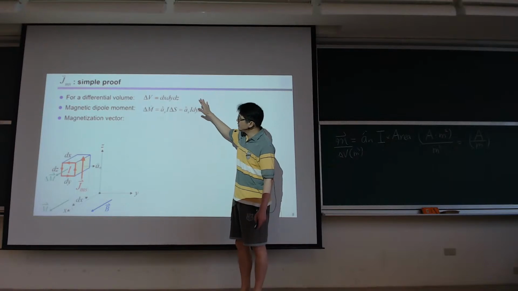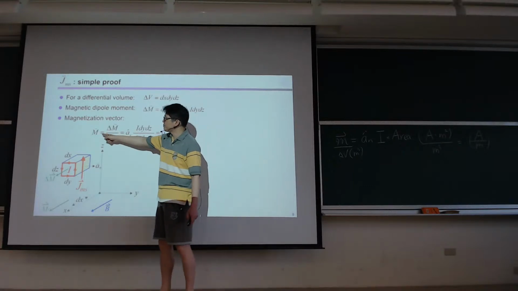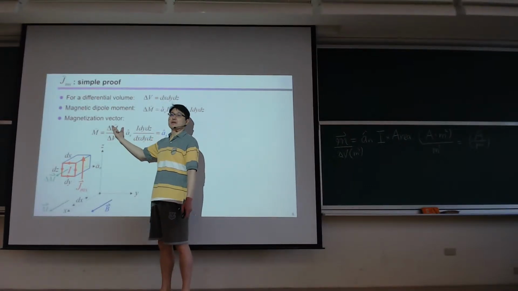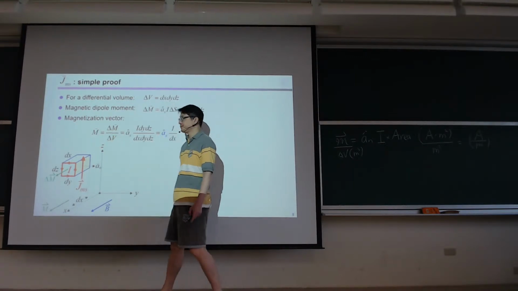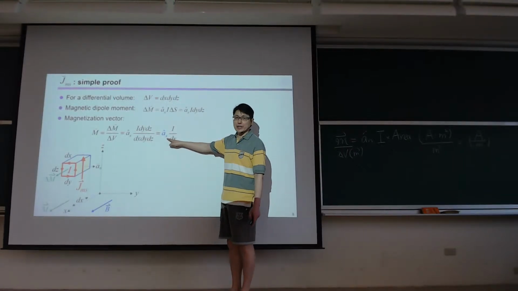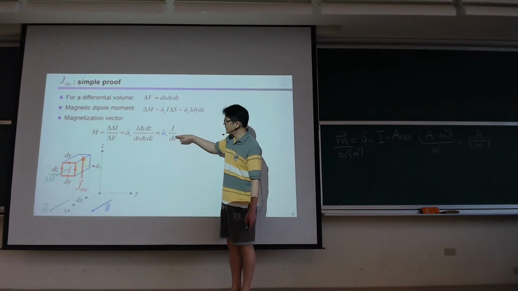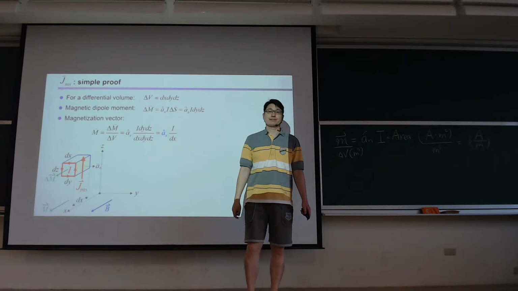So now we put this into the definition. The definition of the magnetization vector is the amount of total magnetic dipole moments divided by the differential volume. So this is pointing in the x direction and having the amount of I divided by dx.